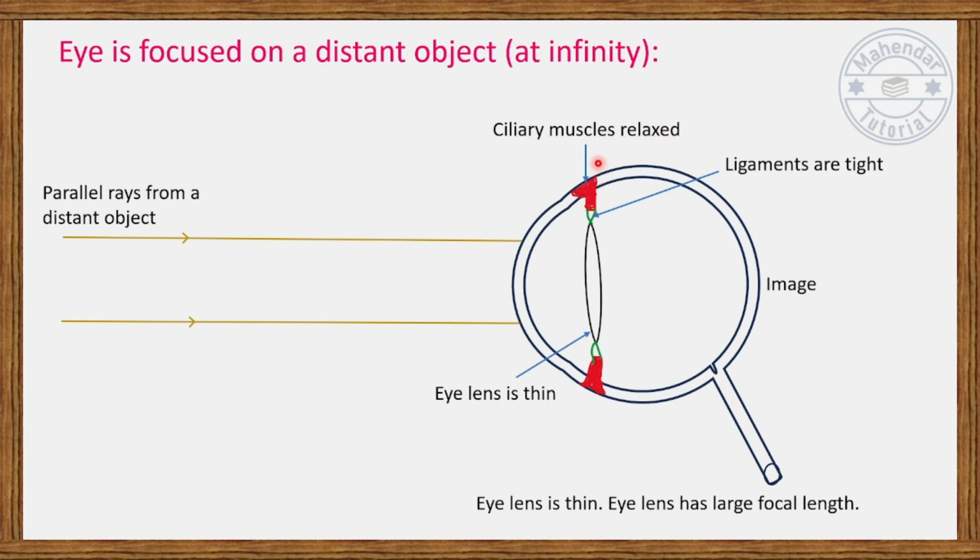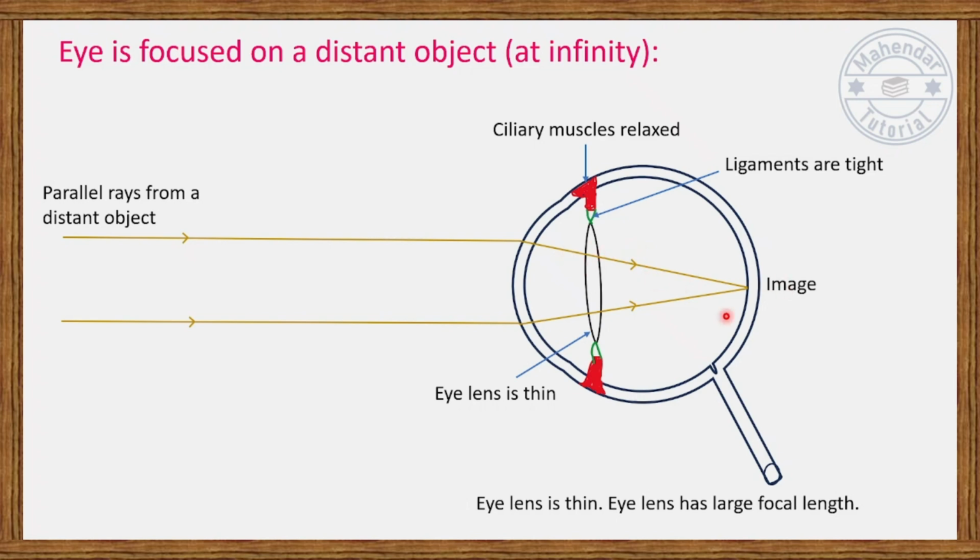When the ciliary muscles are relaxed, they pull the ligaments tight. When the ligaments are pulled, they also pull this lens upward and downward. Then the lens becomes thin. A thin lens has large focal length and it can form the image on the retina. It means because of the ciliary muscles, the eye lens changed its focal length. The focal length of the eye lens became maximum.